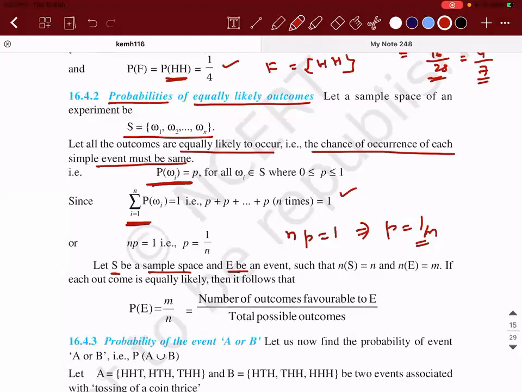Let S be the sample space and E be an event. And the number of elements in the sample space, if I take it as n, and the number of elements in the event, if I take it as m, if each outcome is equally likely to occur, then the probability of that particular event will be equal to number of favorable outcomes of E, that is the number of elements of E divided by the number of elements in the sample space.